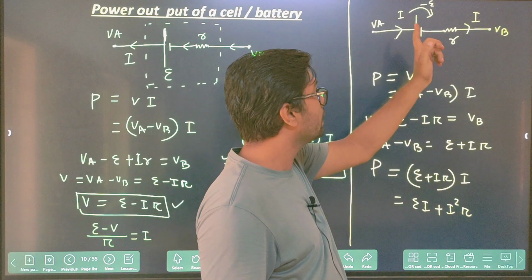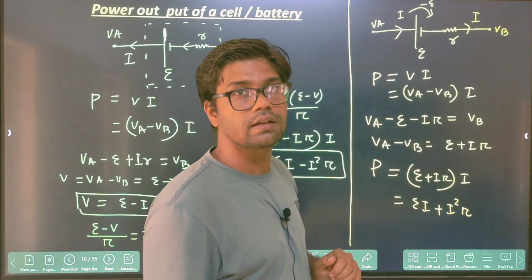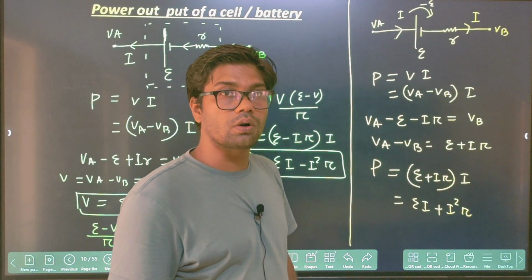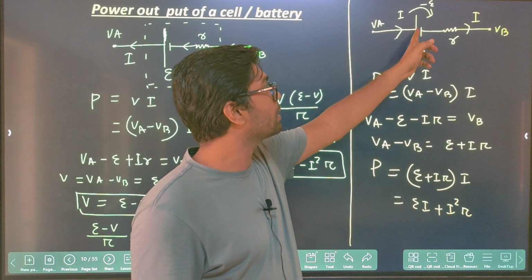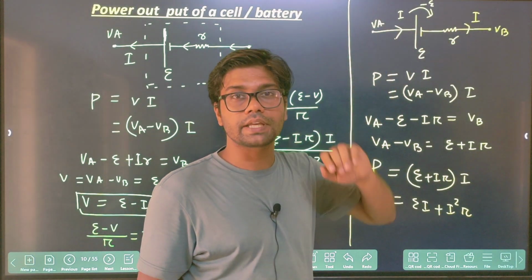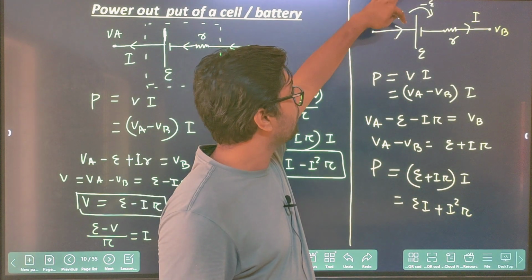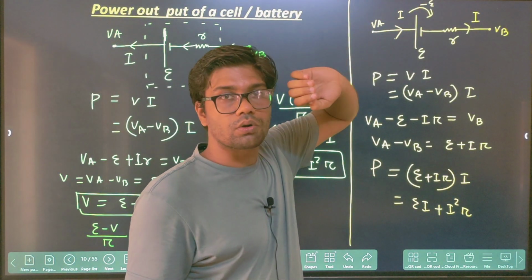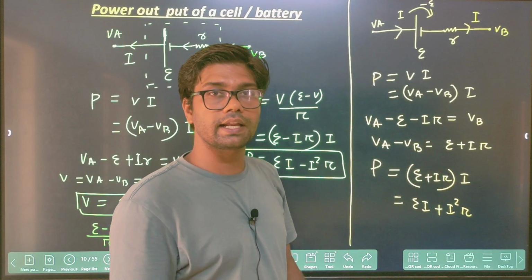That means now it is behaving like a load. For a load, the current enters at higher potential and leaves at lower potential. That means here also the cell is behaving like a load, so it will consume the power, it will consume the electrical energy.